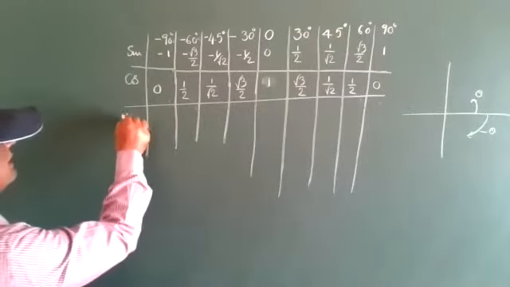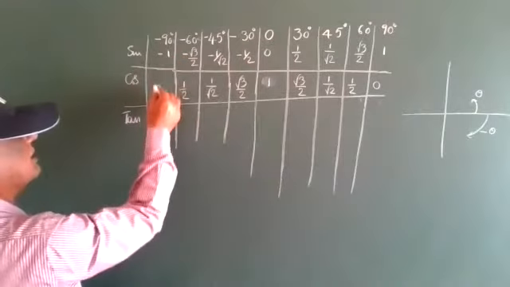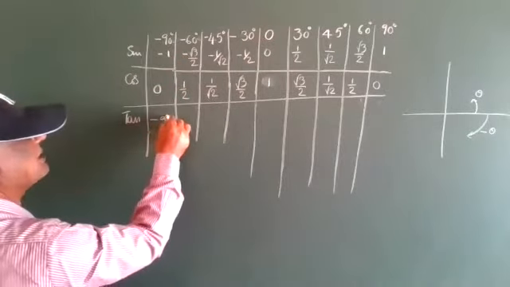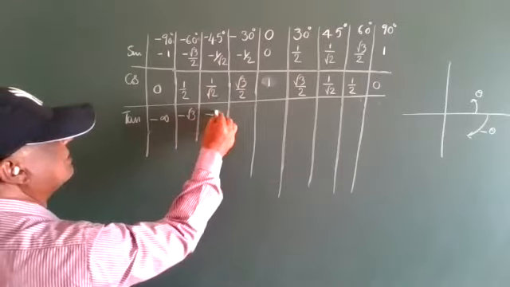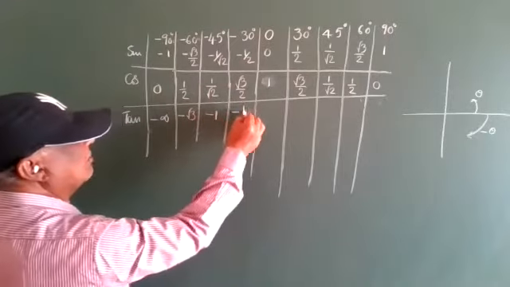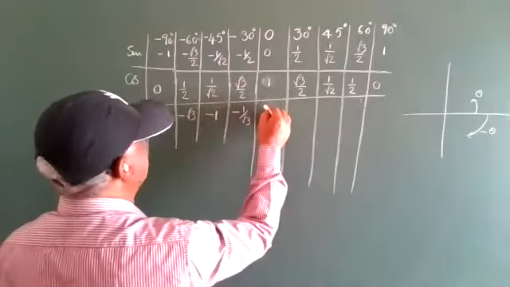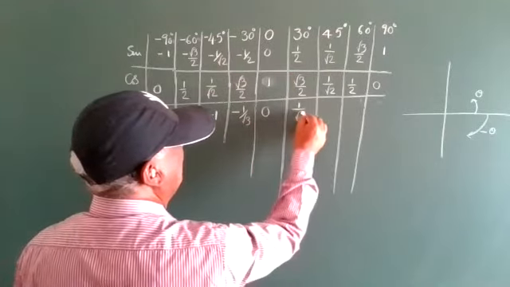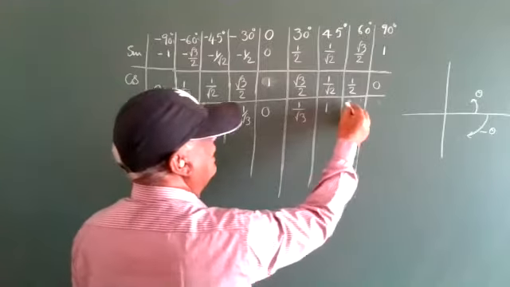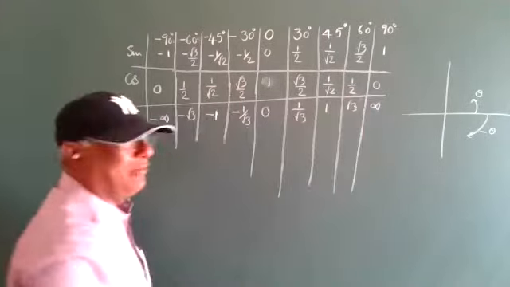Tan values, you can see, tan means sine by cos. Minus 1 by 0 is minus infinity, then minus root 3, minus 1, minus 1 by root 3, 0 by 1 is 0, then 1 by root 3, 1, root 3, and any number by 0 is plus infinity.